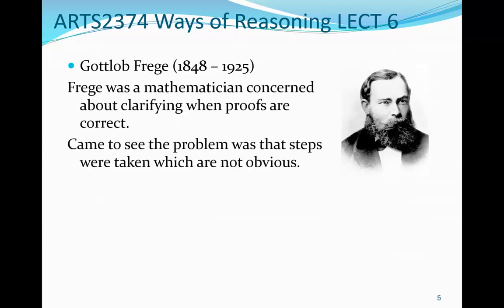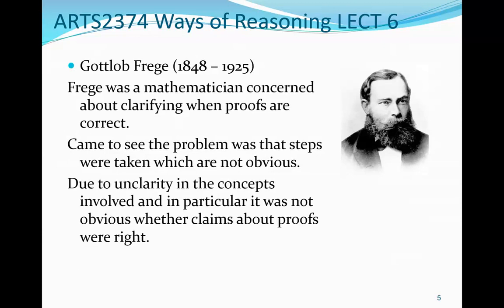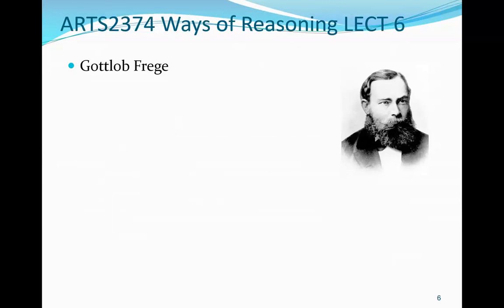He came to see that there are steps that are taken in mathematical proofs that are really not obvious, and because of that unclarity in the concepts involved, it wasn't clear whether the claims being made on the basis of those steps were actually correct, and this was a problem that he faced. So how can you tell if a mathematical proof is correct?